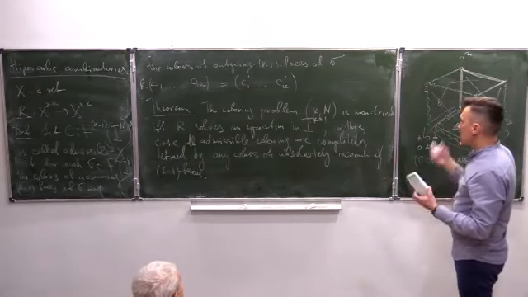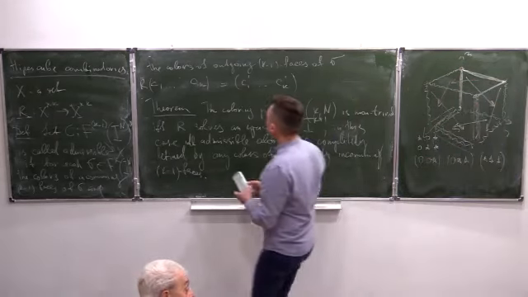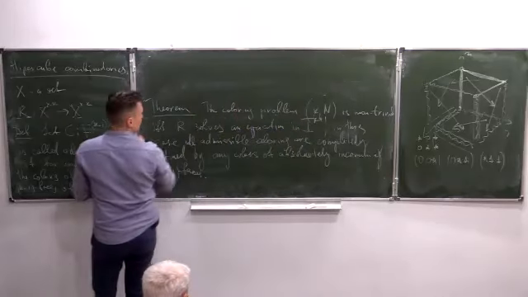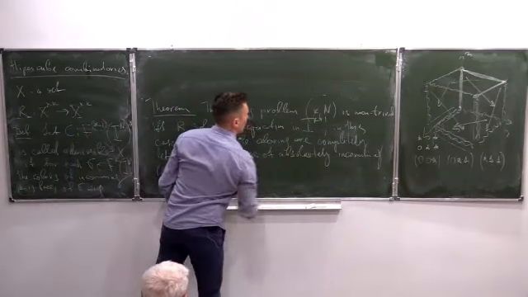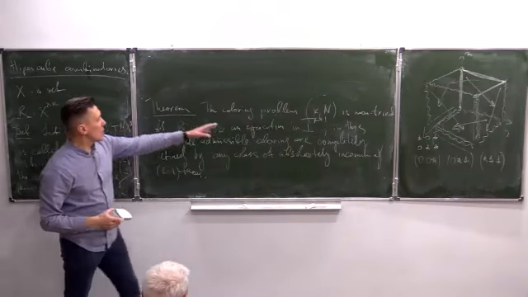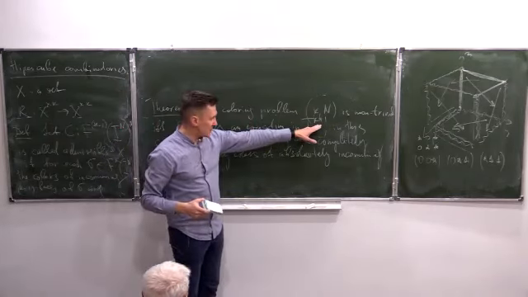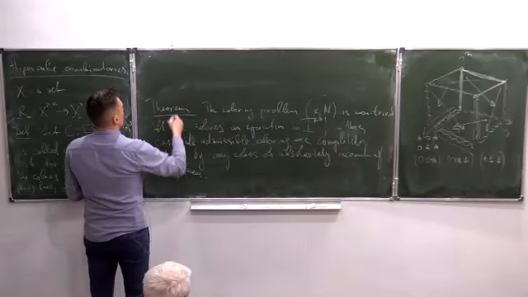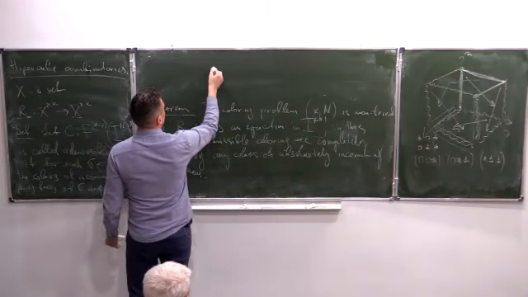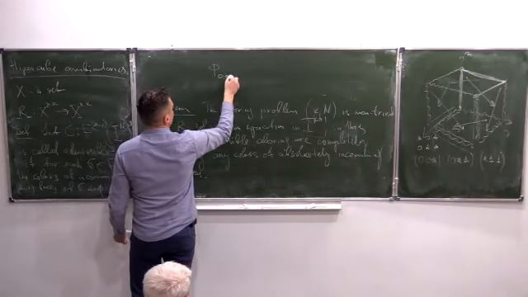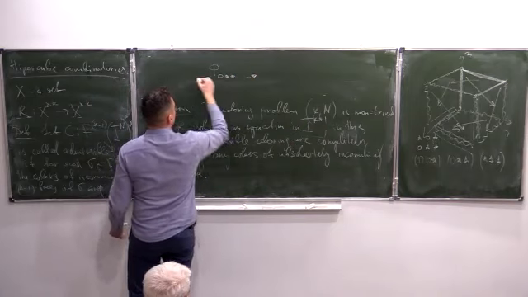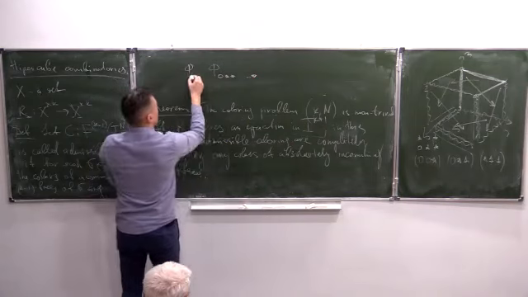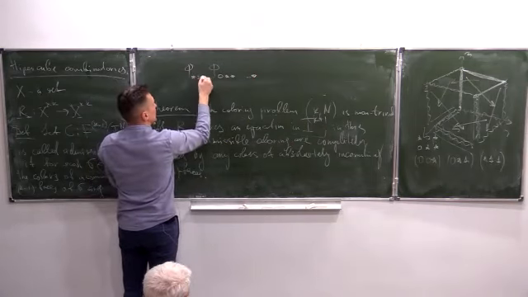Okay, now I need to write an equation. An equation on the faces, on the k faces of this k plus 1 cube. It is written like this: phi 0 star star star. One star.